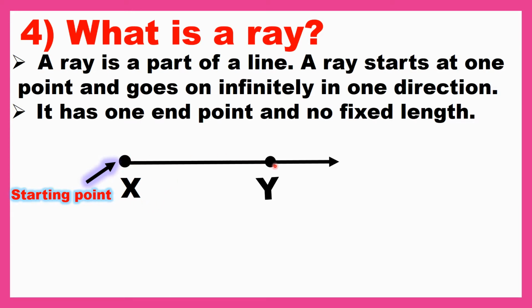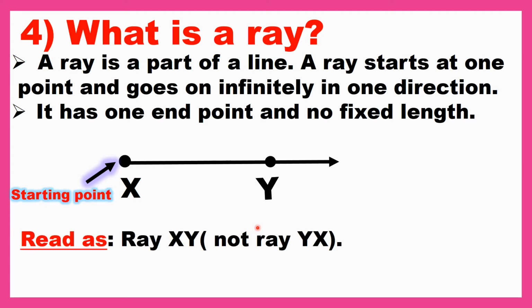Now we can call the ray with the help of points X and Y. Ray XY. Keep in mind, while giving the name of the ray, we write the starting point first. Here the ray starts from X and goes to infinity through Y. Therefore, the name of this ray will be XY.